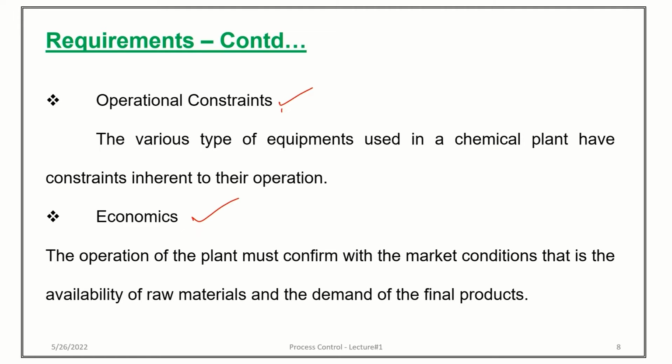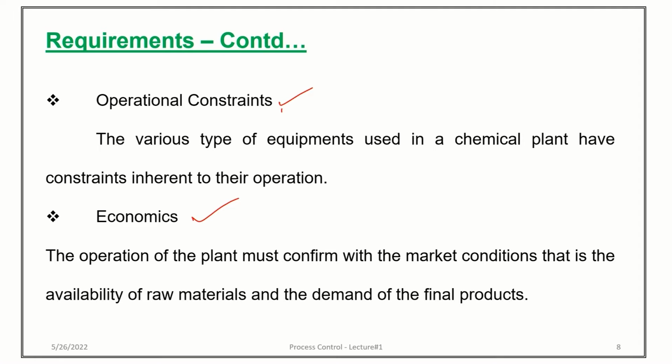Then coming to the last requirement, which is called as the economics. I will tell you what is meant by economics. The operation of the plant must conform with the market condition, that is the availability of raw materials and the demand of the final product. We are going to convert the raw material into useful product, but you have to satisfy some economic specifications. What is meant by economic specification?